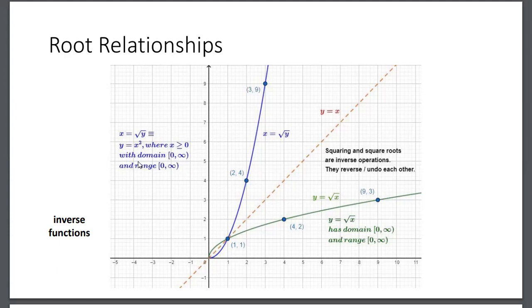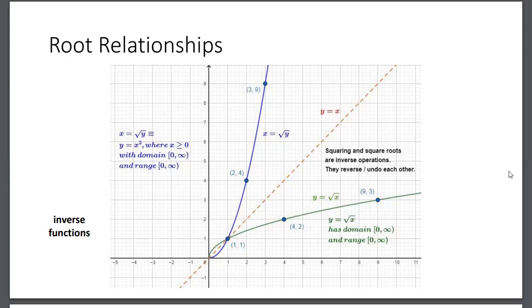And so the domain of this blue function here, all the possible x's, goes from 0 to infinity. And you can see that it starts at 0 and it moves out. And its range is the same thing. It starts at 0 and goes up. The domain and range of this other one over here similarly go from 0 to infinity for the x's and also the y's.